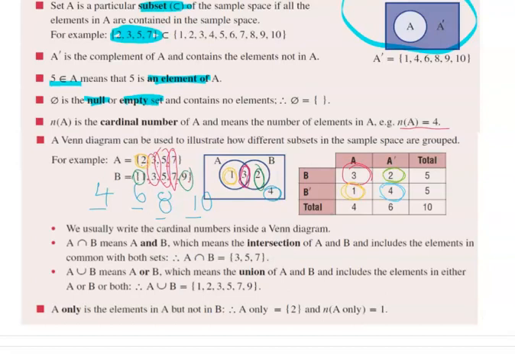So we usually write the cardinal numbers inside the Venn diagram as we've done above, and then we've got our two-way table as well. So A ∩ B means A and B, so an intersection. A ∪ B means A or B, or the union of A and B. So that A or B, if we're looking at a Venn diagram, it could be anything in that circle or anything in that circle.